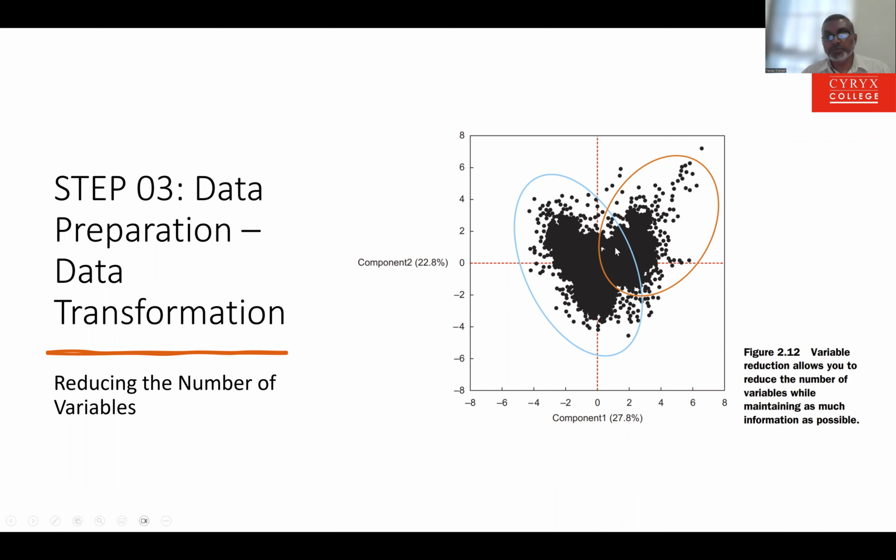The distance between that and these points are further apart, so when you take the two variables, it still gives you a good prediction. This is, I think, 49% of the data based on these two components. But we will look at how we can select the number of variables in future sessions.